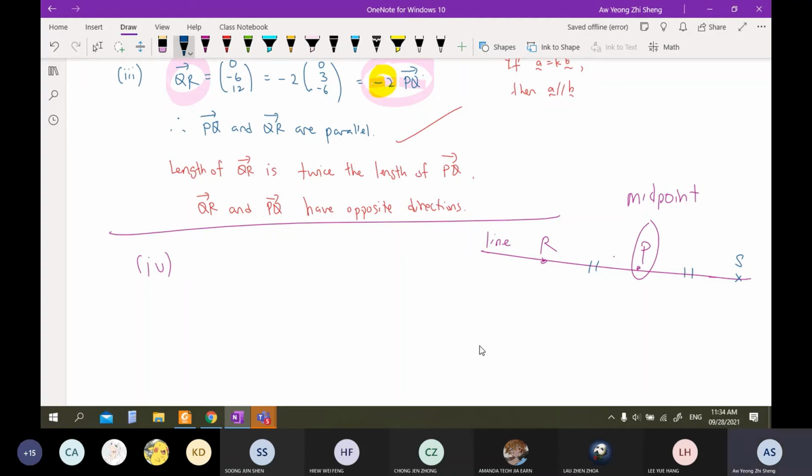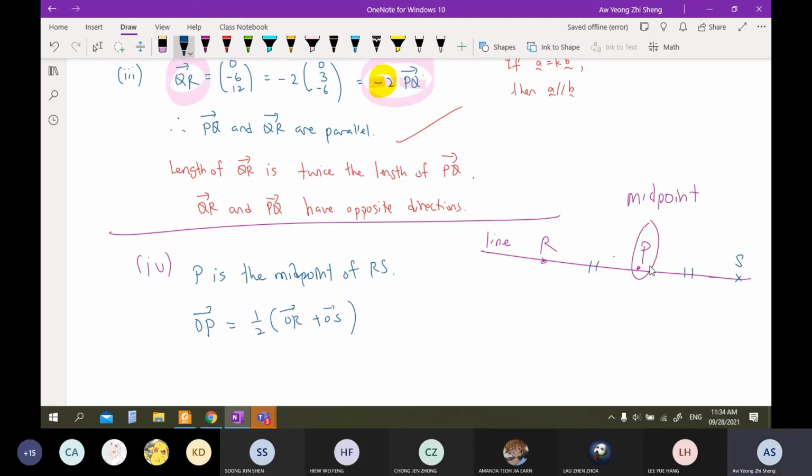Find the coordinates of S. It will be easy to use the midpoint formula here. P is the midpoint of RS. So you have OP is equal to half times (OR plus OS). This is the midpoint formula.